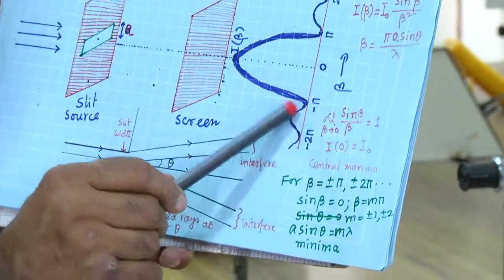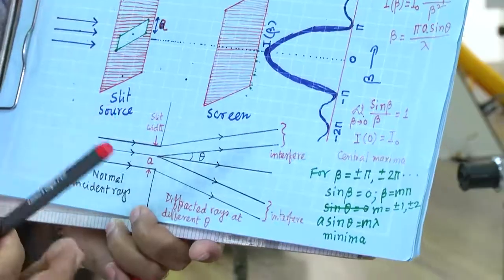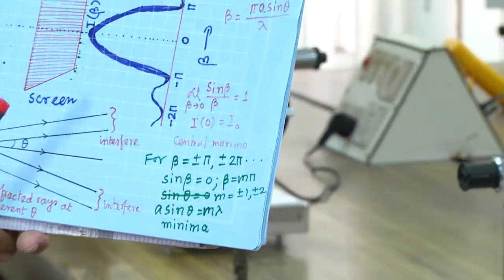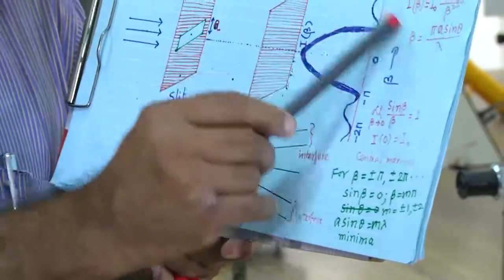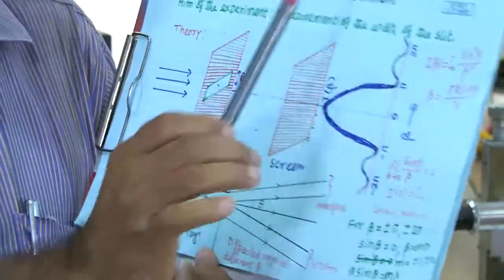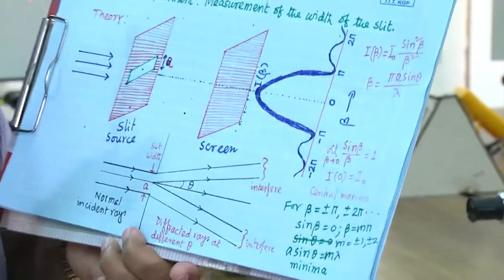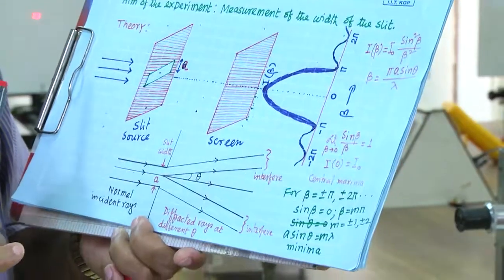Why it is not exactly 1.5 or 2.5 can be found out from the graphical method, so we are not going in that direction.